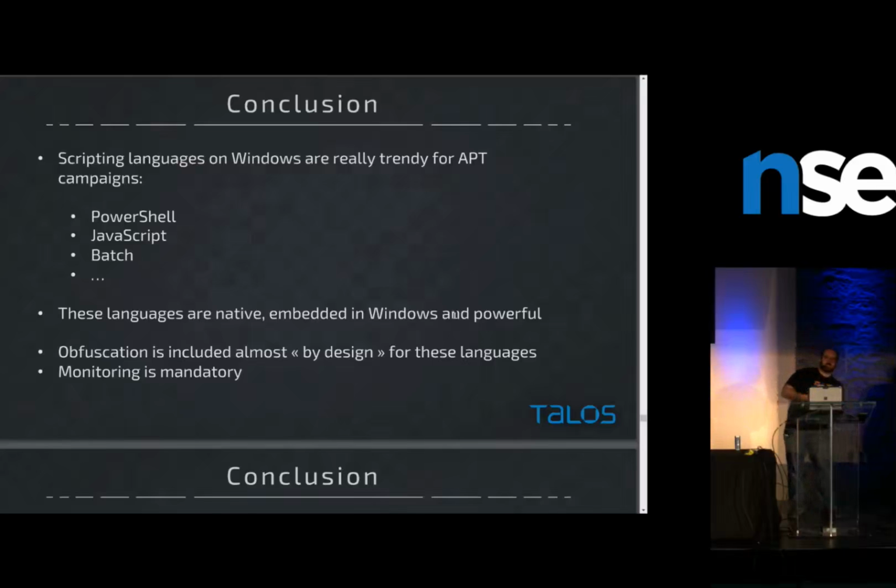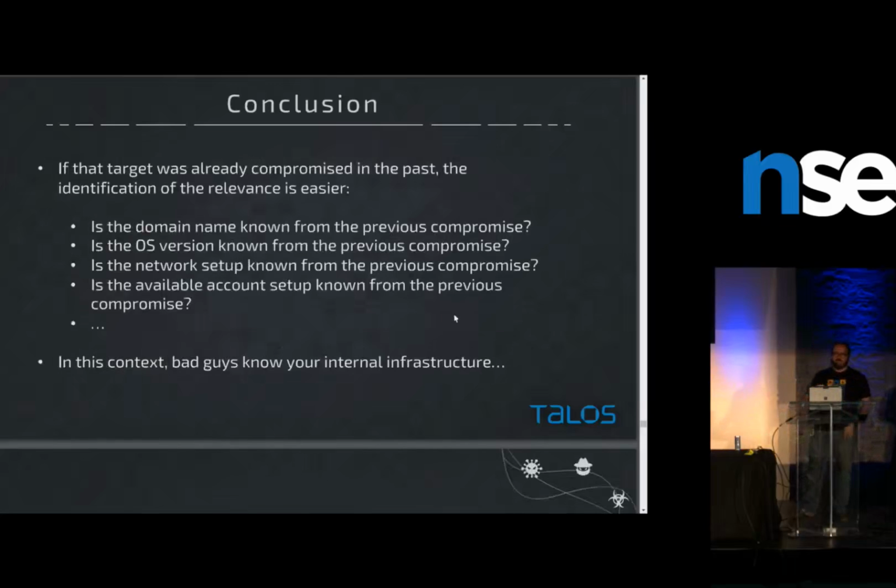And sometimes obfuscation is there by default. If you look at PowerShell, sometimes it looks obfuscated by design. So take time to read it. It's exactly what I said just before: the bad guys know your infrastructure sometimes more than you, so it's easy for them to check, I think.